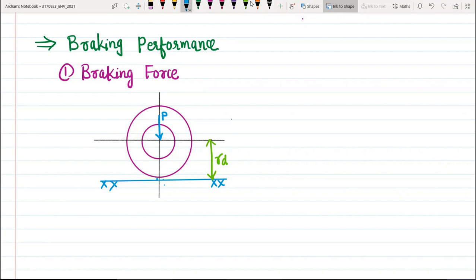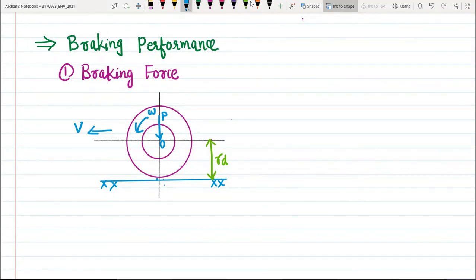Our wheel is rotating with angular velocity of omega, and this is the velocity of the vehicle V. And this is my origin, say O. Now whenever we do apply braking, what is going to happen? That is what we are interested in.